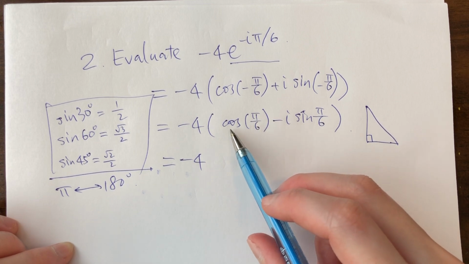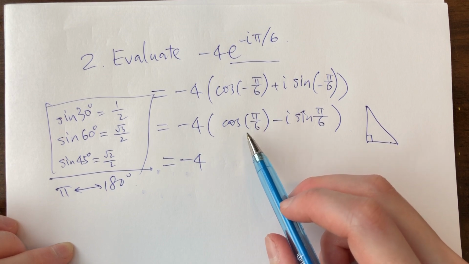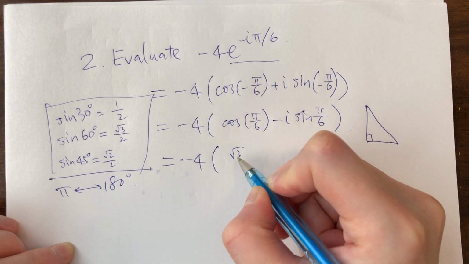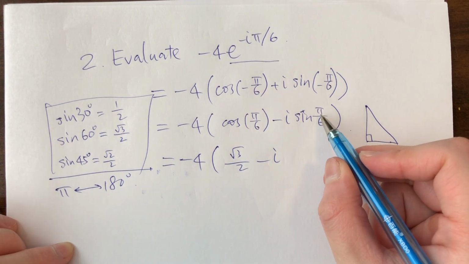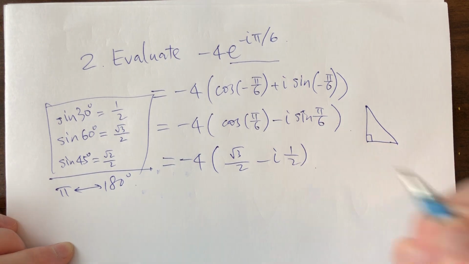Which means cosine 30 degrees is sine 60 degrees. So that's why I get square root of 3 over 2. And similarly, sine 30 degrees is 1/2, the one I happen to just memorize.